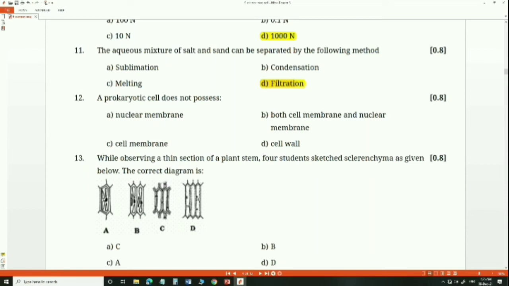Now move to the 12th question. A prokaryotic cell does not possess what? The true answer is A, nuclear membrane.